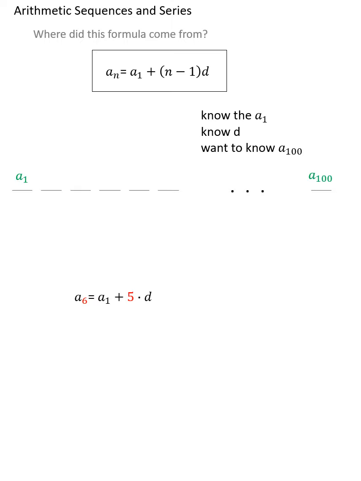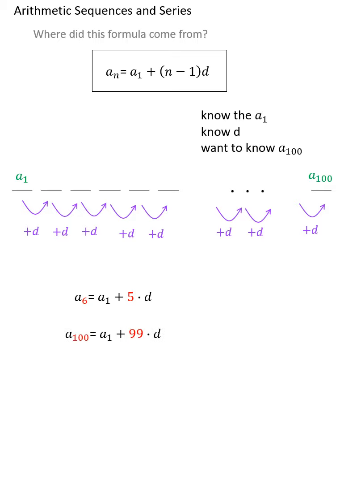Imagine further that instead of wanting to know the 6th term, we wanted to know the 100th term. Well, if we wanted to know the 100th term, and we knew a1 and d, wouldn't we just keep adding d until we got out to the 100th term? The question then is, how many times would we have to add d? Well, if you think about it long enough, you'll realize you'd have to add it 99 times to get from the first term to the 100th term.